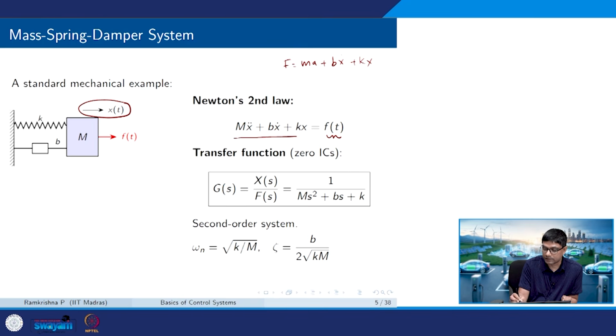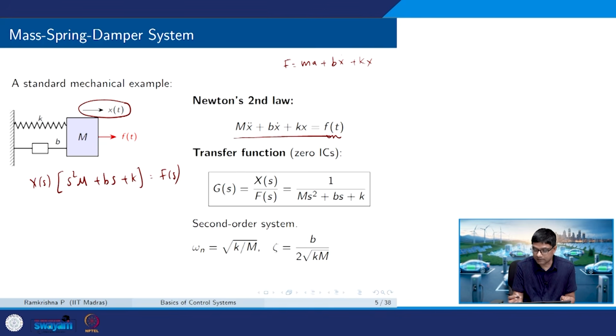The Laplace transform of this becomes: s square m plus bs plus k times x of s equals f of s, and I can easily write down the transfer function for this particular second order system.